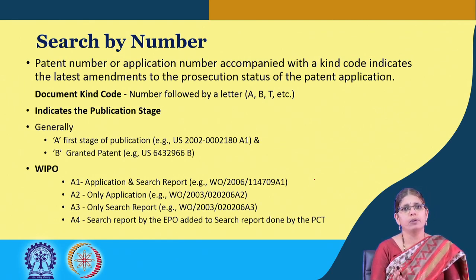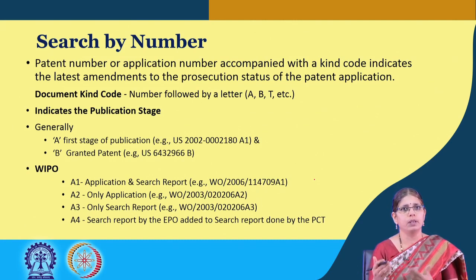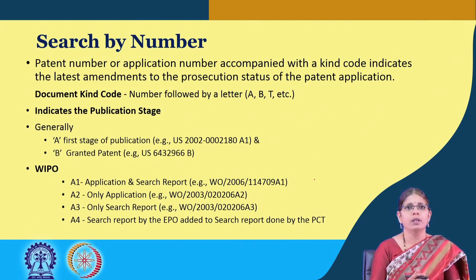Now, individual patent offices have differed in the way they have represented those particular letters for their countries. However, the ST.16 document is the most harmonized way of representing kind codes under the WIPO system.